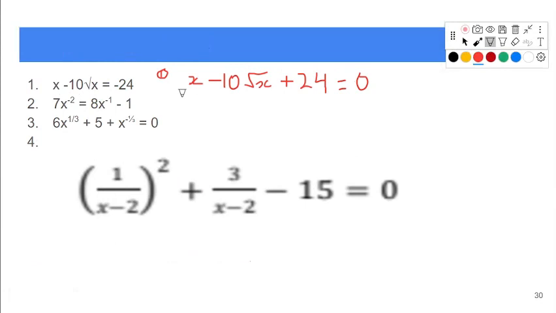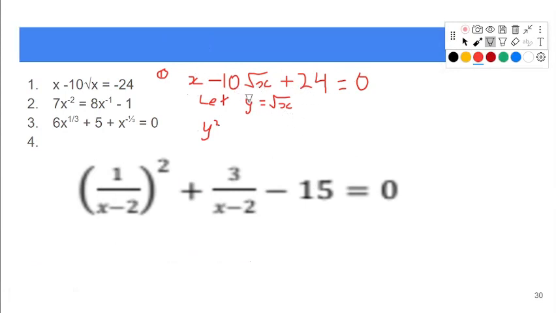Y is equal to the square root of x. Right? Let y equal root x. So then we can say that y squared, because this is x, so if we square root x, we get x.